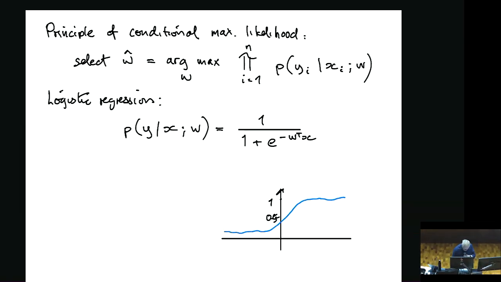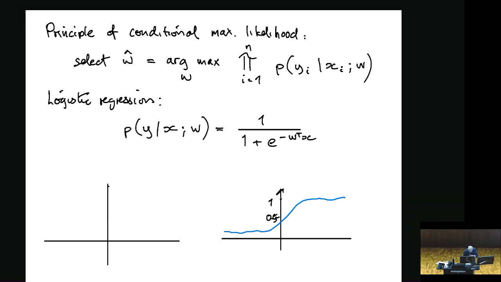Now, contrast that with the perceptron, right? So the perceptron function, for the same setup, would have looked like this. The axes are a bit off, but you could make the perceptron around 0, 1 as well.